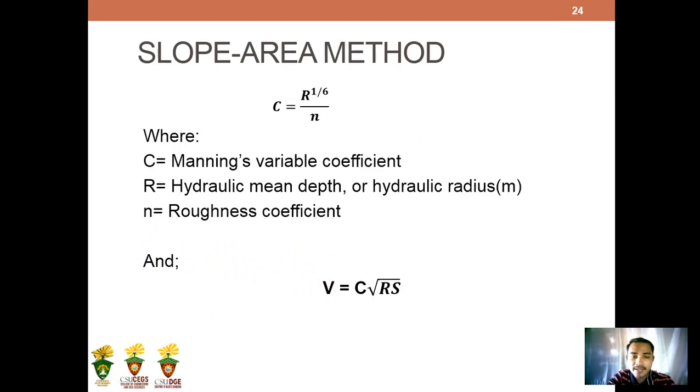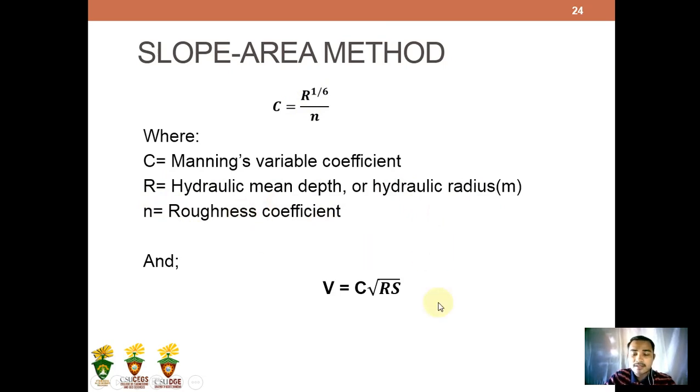And to get another coefficient, we have Manning's coefficient. It is denoted by this formula: Manning's variable coefficient is equal to R raised to the power of 1/6 over n, the roughness coefficient, where R is the hydraulic mean depth or the hydraulic radius, and n is the roughness coefficient.